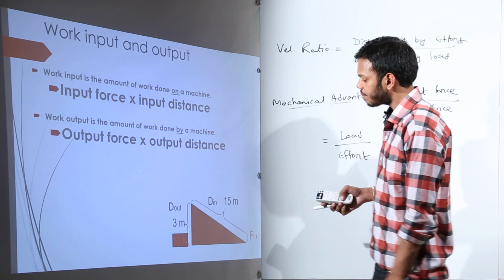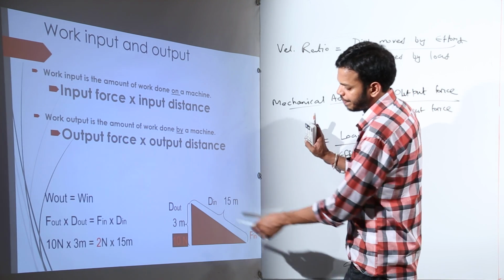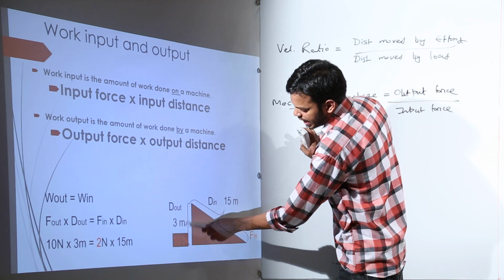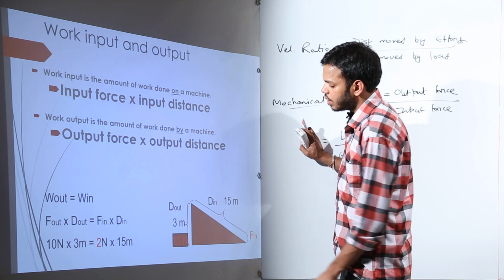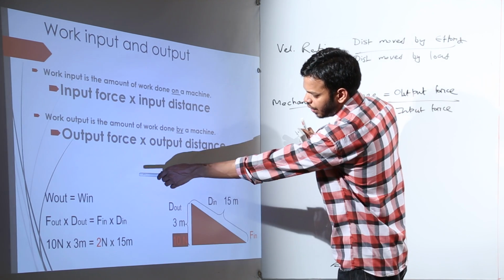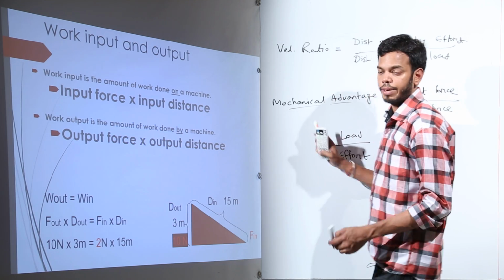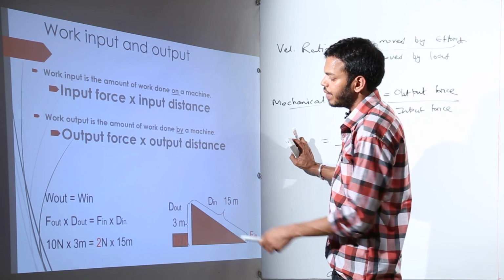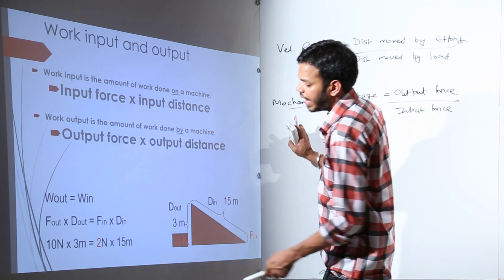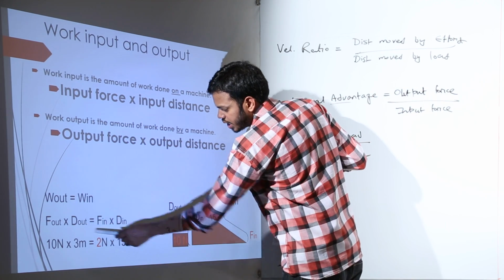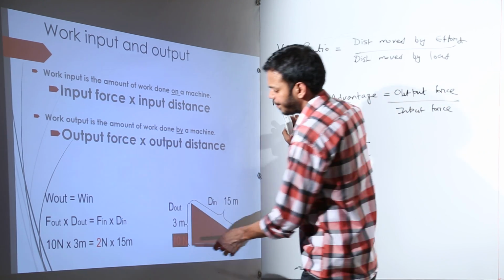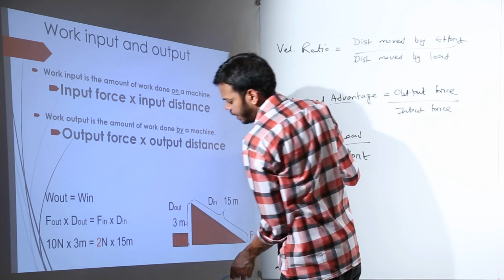See this example here. This length is 15 meters and this length is 3 meters. Work output is equal to work input, since an equal amount of work has been done. Here the force is 10 into 3. Why 10 newtons?